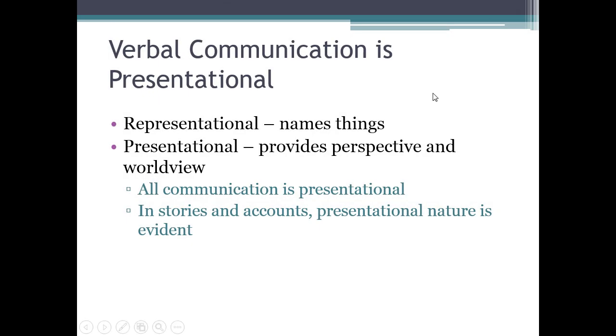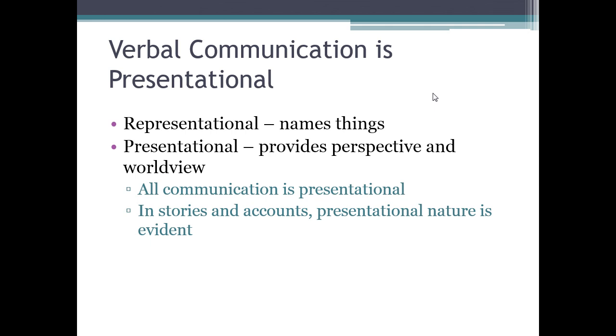Okay, so let's get to it. Verbal communication is presentational. Now, it can be representational in that we name things and convey information, and it can also be presentational in that we provide information about the perspective or worldview of the person sending a message. That's what it does.